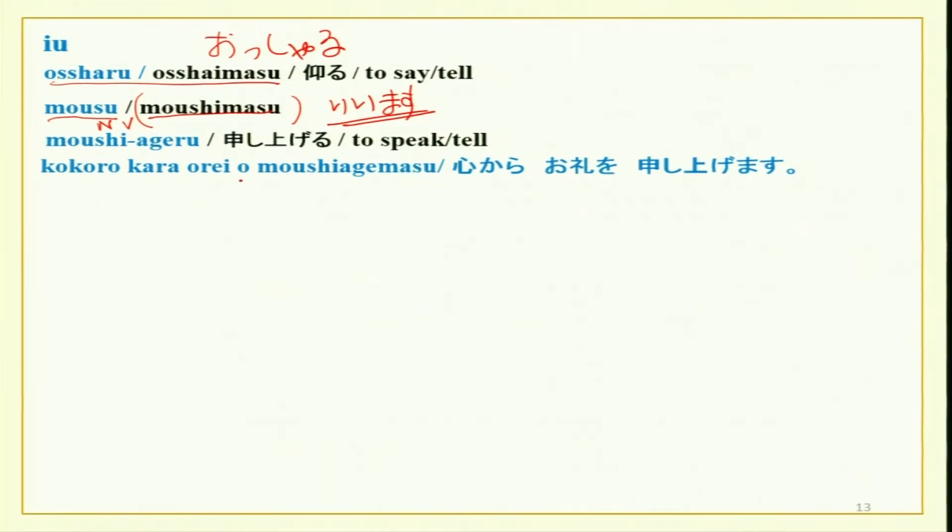Kokoro kara orei o moshiagemasu. So, kokoro is your heart, from the bottom of my heart. Orei is gratitude. O-rei o moshiagemasu. I would like to thank you from the bottom of my heart. And I am saying that.